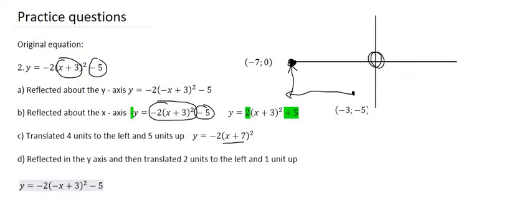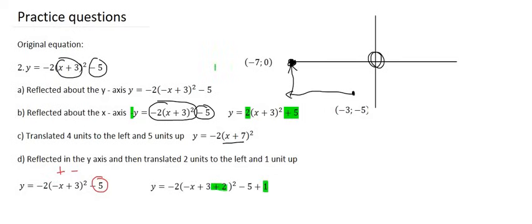All that we have to know is that when you move a graph to the left inside this bracket, do you say plus or do you say minus? Well, when you move to the left, you should say plus. Remember, it's always opposite with x values when you're shifting left and right. And then the 1 unit up, well, that's going to be easy. We'll just modify the minus 5. So what it will look like is the following.